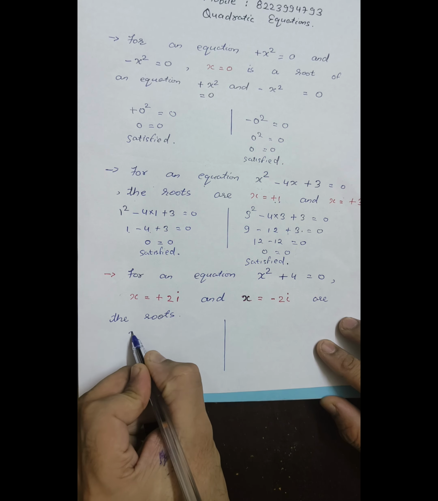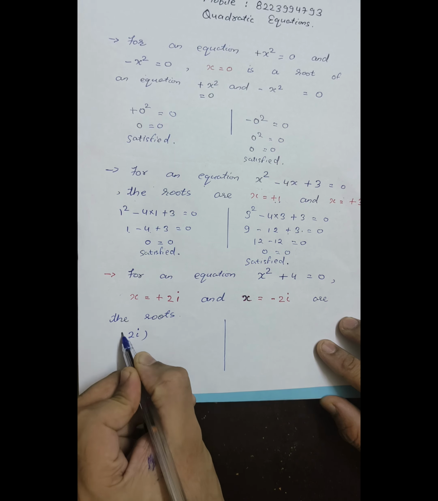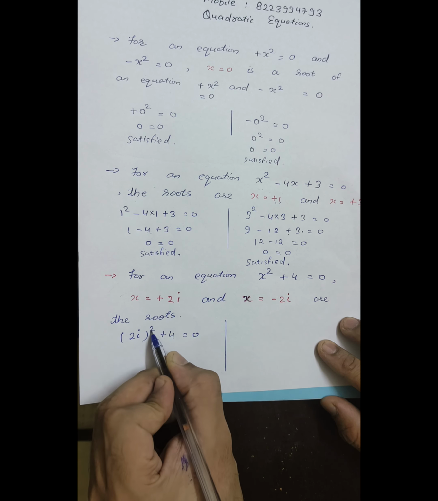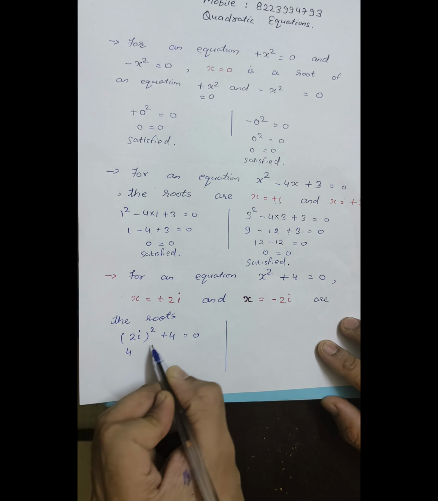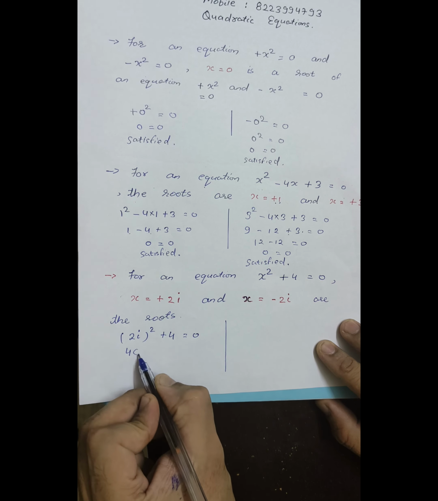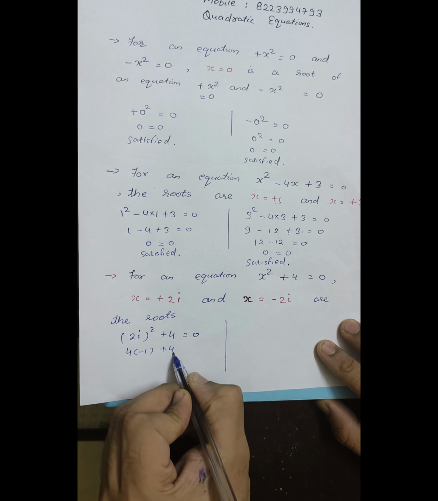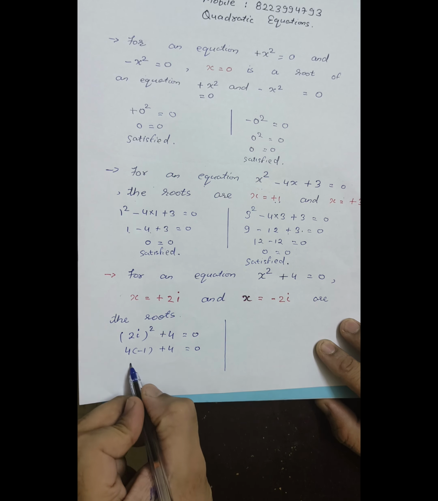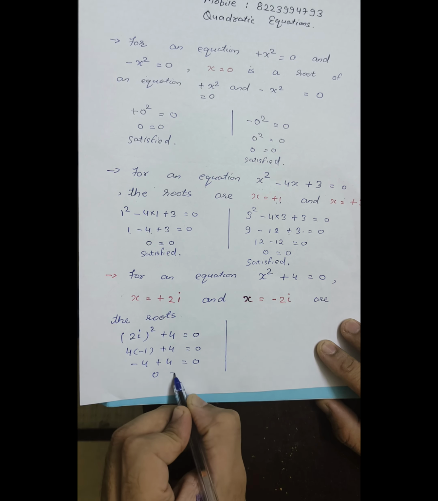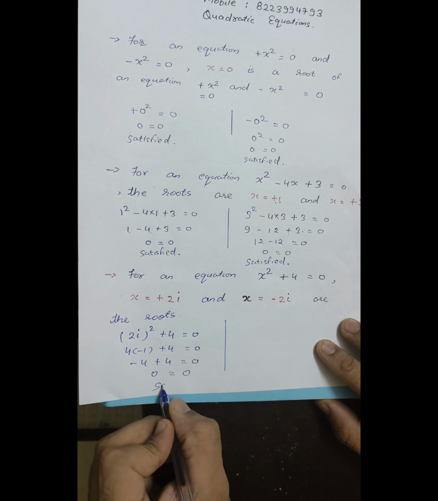Let's check. 2i square plus 4 is equal to 0. Square of 2 is 4, square of i is i square, that is minus 1, plus 4 is equal to 0. Minus 4 plus 4 is equal to 0. 0 is equal to 0. Satisfied.